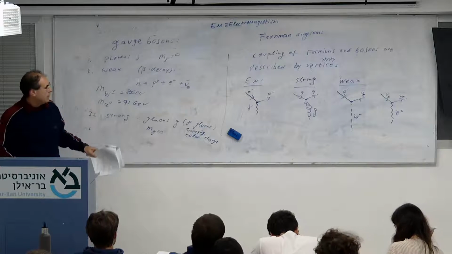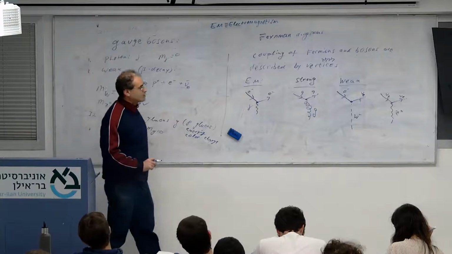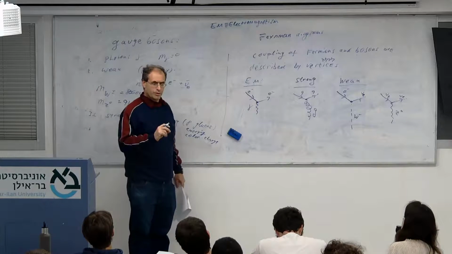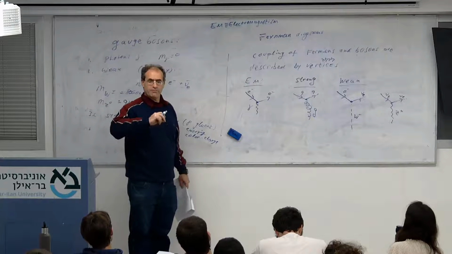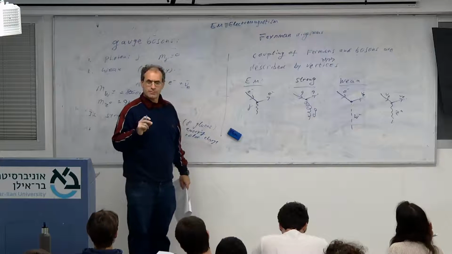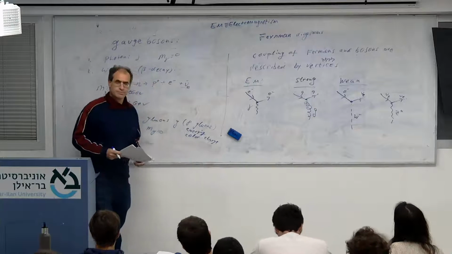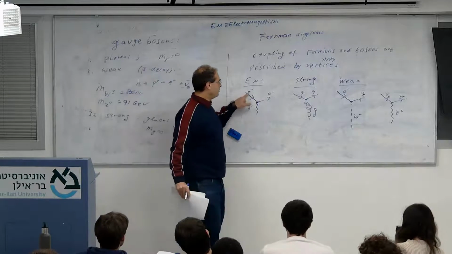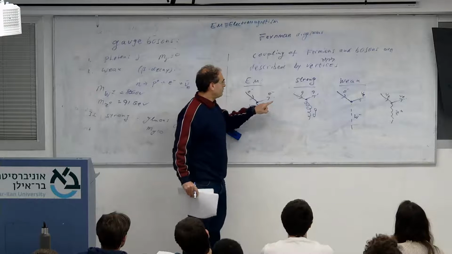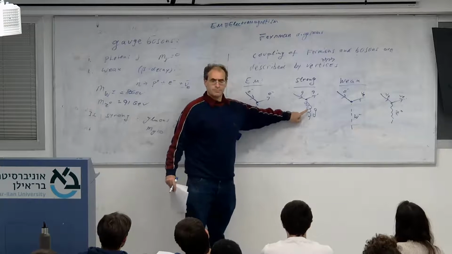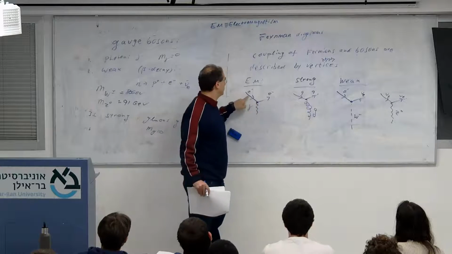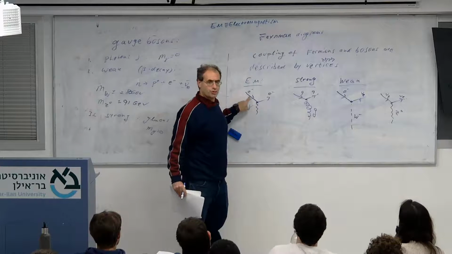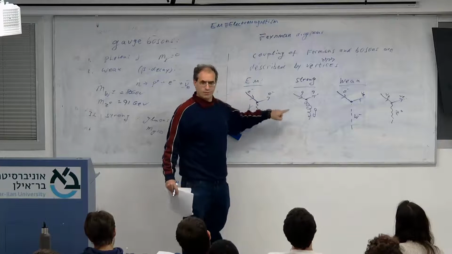Now a particle can interact with a given gauge boson only if they carry the same charge. That's why, for example, an electron can never couple to a gluon, because the electron does not carry the color charge, which the gluon does.